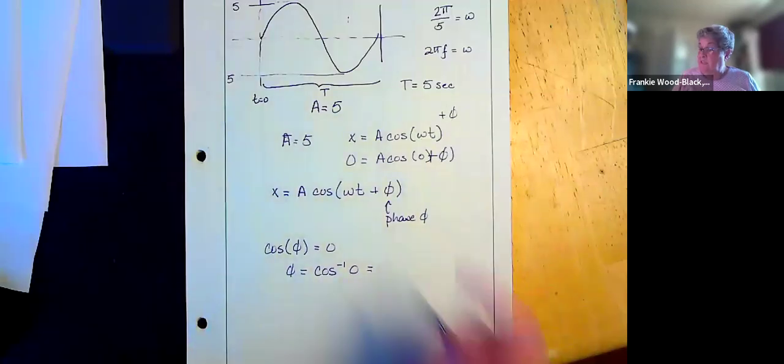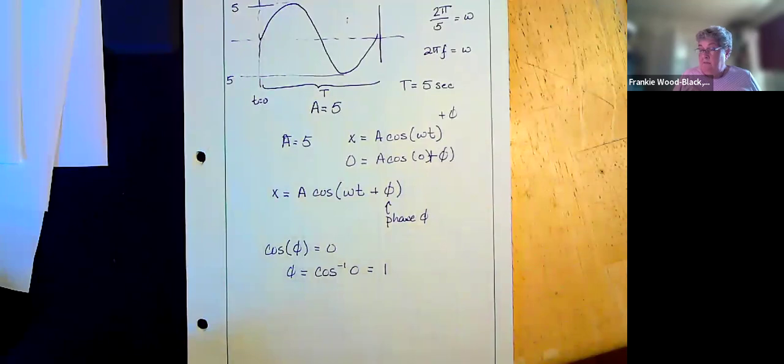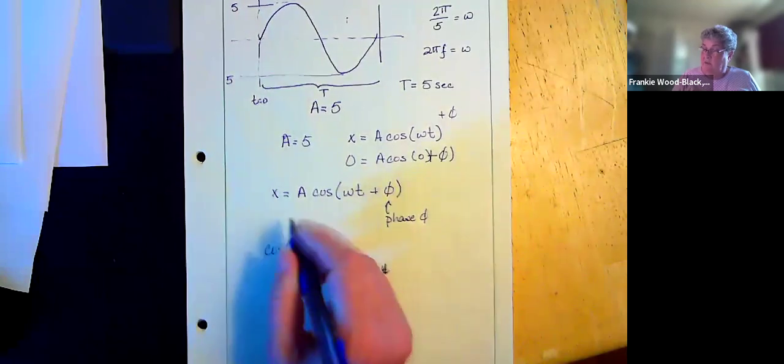And the cosine of 0 is equal to... I'm sorry, the cosine of 90 degrees is equal to 0.